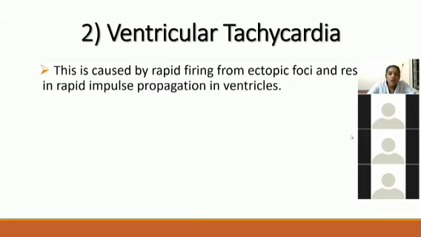So these areas, other than the conduction system, will generate rapid firing of electrical impulses, resulting in rapid impulse propagation in the ventricles. That will cause ventricular tachycardia.